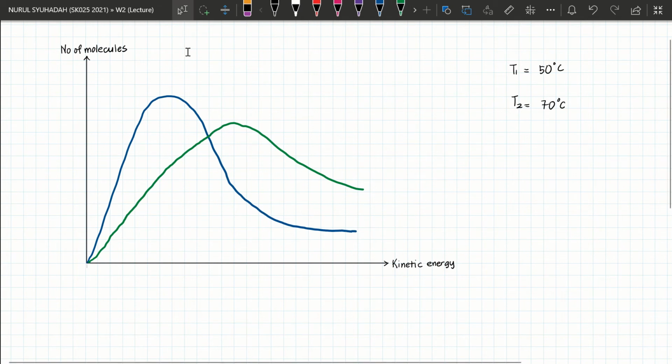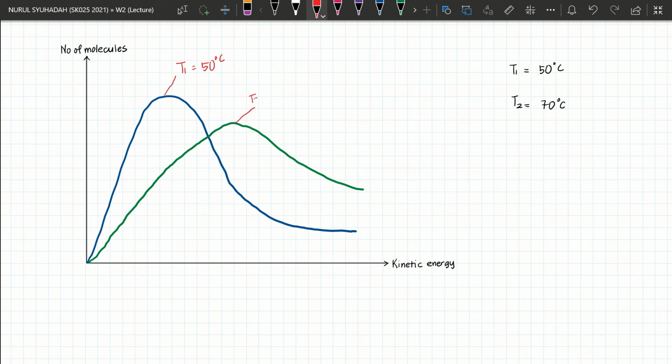If you look here, the area under the graph is almost the same. By right, we should calculate the area under the graph, but since this is only a sketch, what you need to do is make sure of this, and then label. So this will be T1, 50 degrees Celsius, and this one will be T2, 70 degrees Celsius.